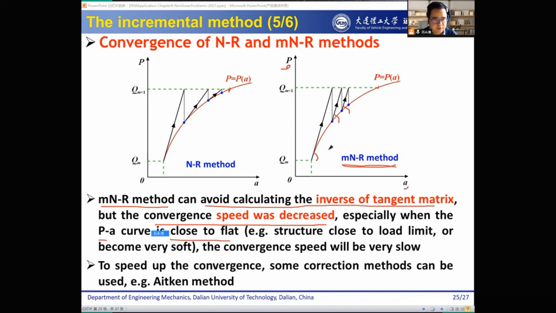Then the efficiency is really decreased. For example, a structure close to the load limit will become very soft, and the convergence speed will be very slow. To speed up the convergence, some correction method like the active method can be used.